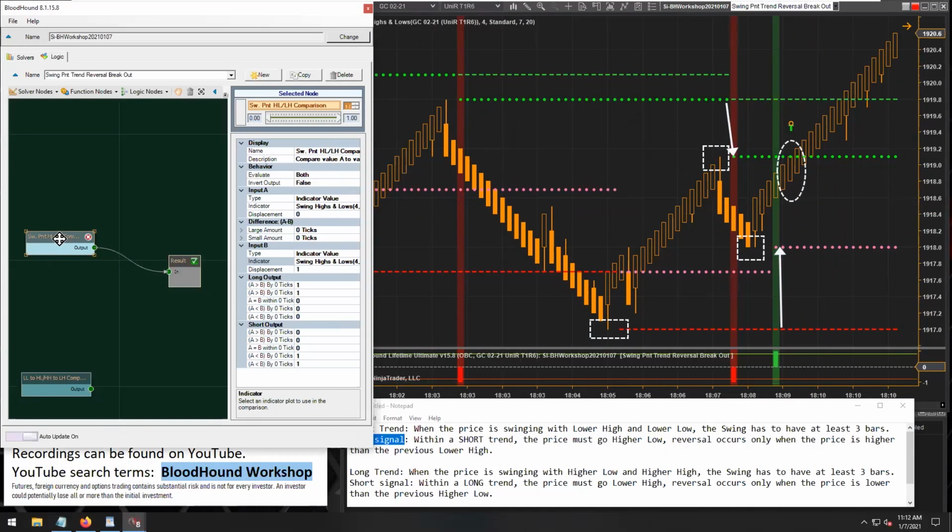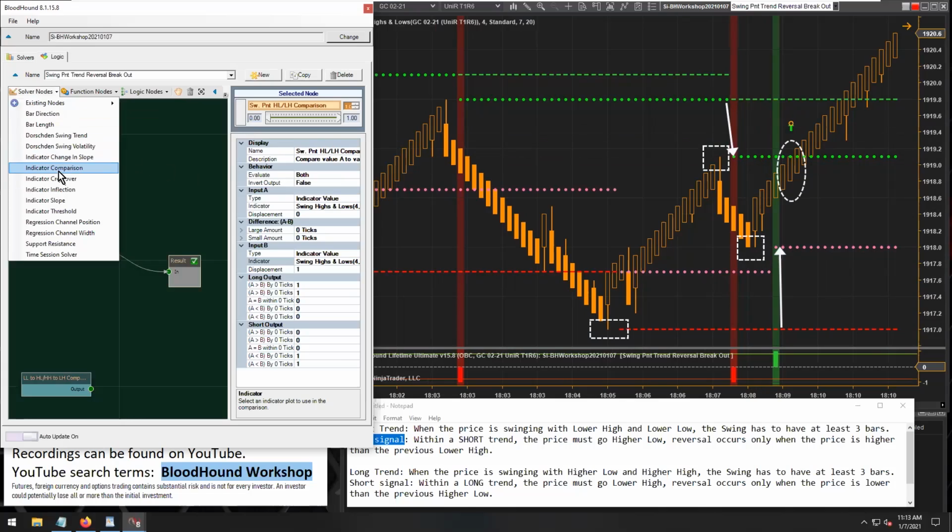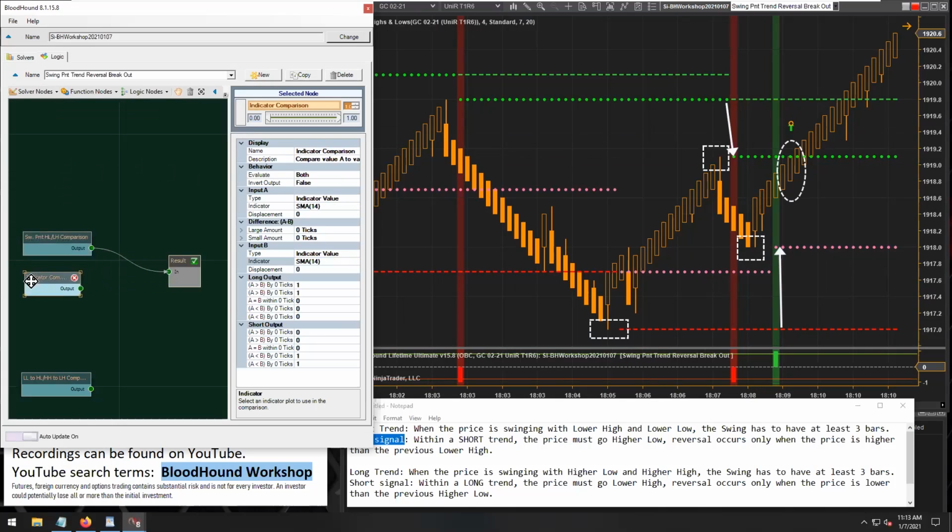Well, this may not be the most efficient way, but it's an easier way to think about it. So what I'm going to do is build another one of these solvers, but just reverse the outputs. Yeah, so let's grab another comparison solver.